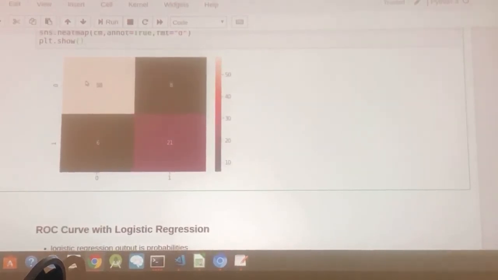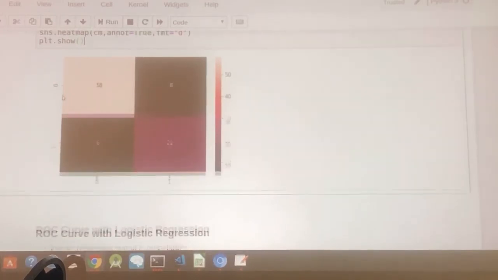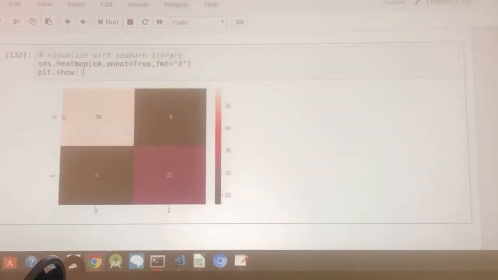If you look at this diagonally, it shows the number of corrects that you've got in that particular category. The patients that were classified as normal, whereas they were normal, they are 58. You're sure about these ones. And the patients that were classified abnormal, whereas they were truly abnormal, they're 21.